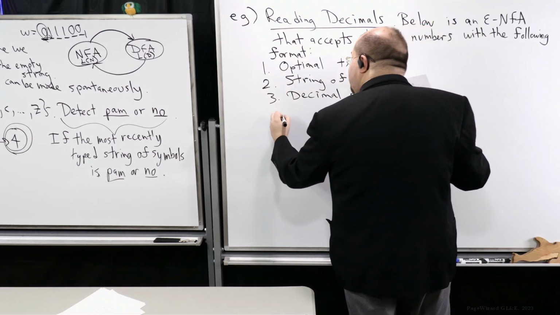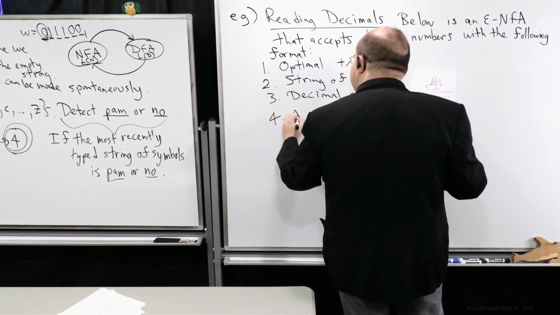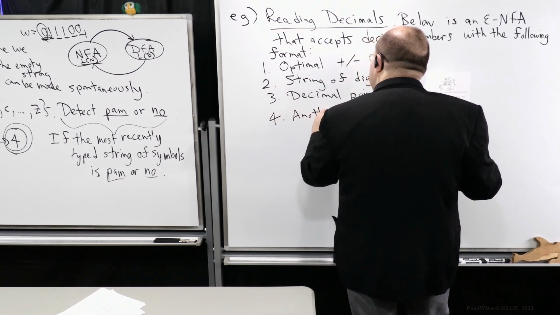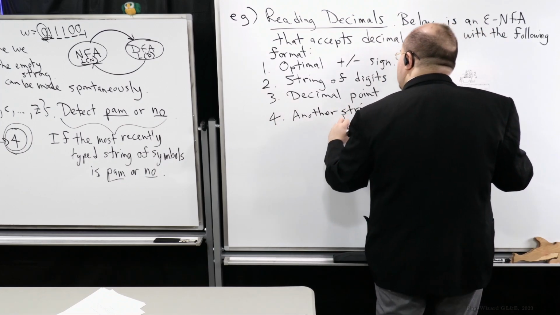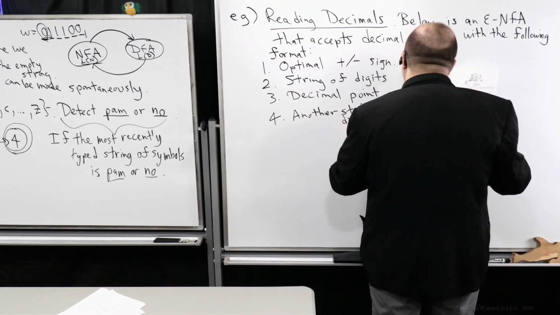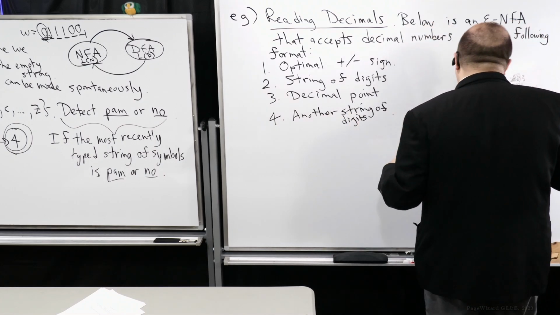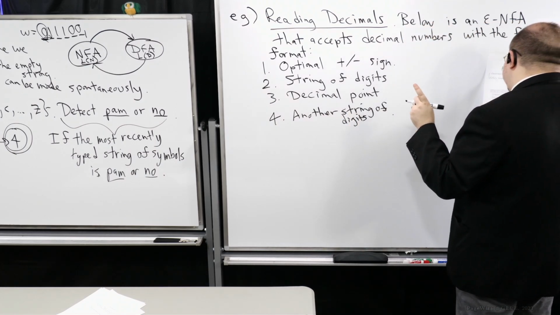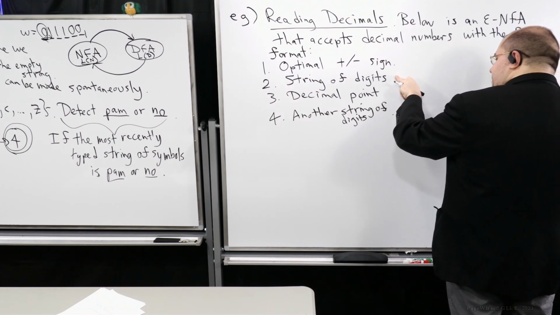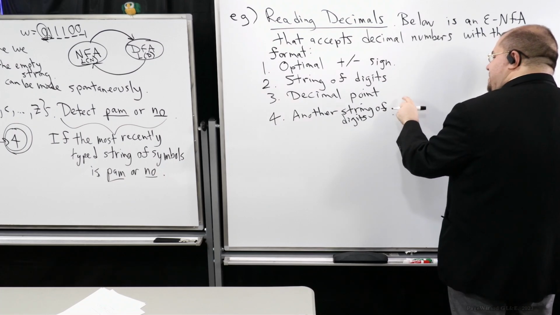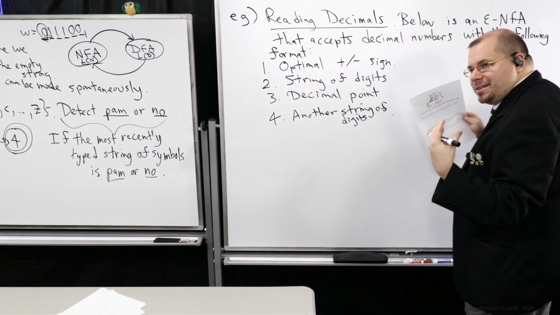And it may have another string of digits. Note that if we have a string of digits and another string of digits, this decimal point has to be present.